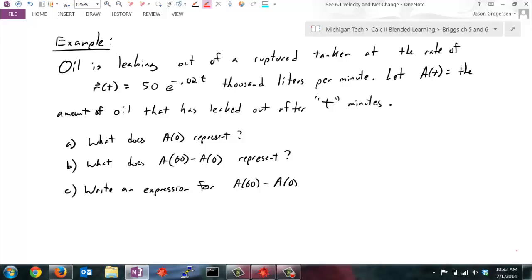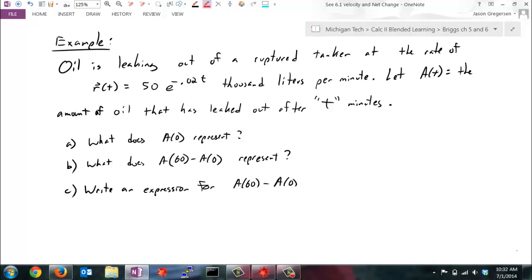What does A sub 0 represent? We use t as the time the rupture occurred, and then A of 0 would be the amount of oil at time equals 0. So that could be a couple things.